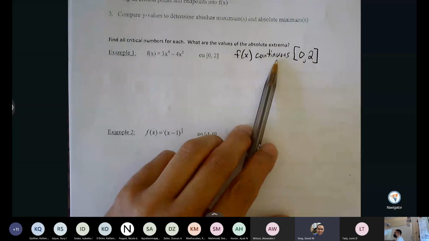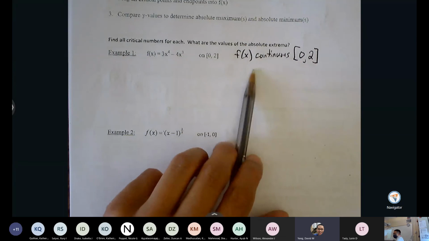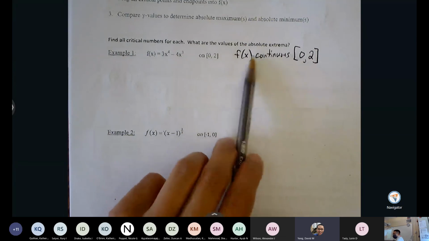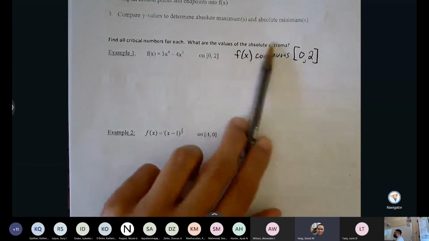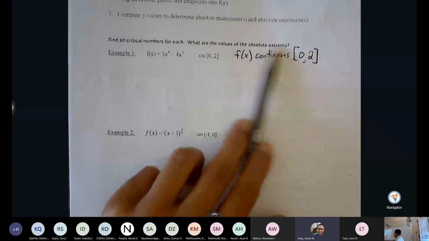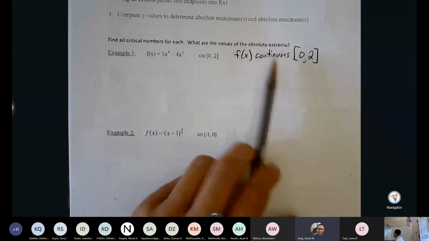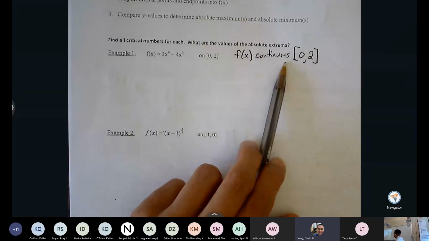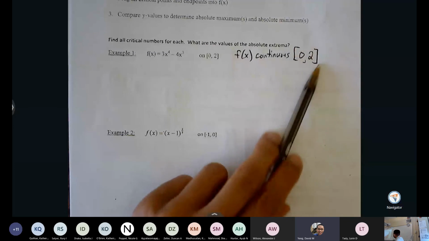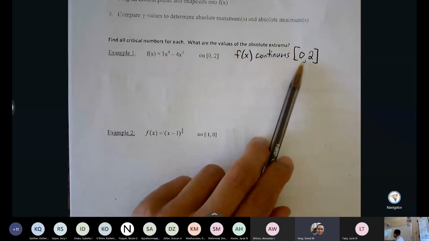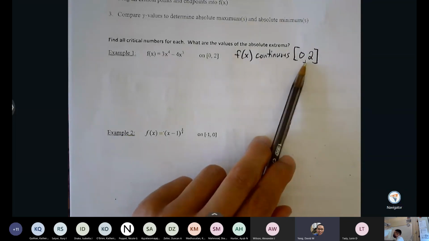Remember intermediate value theorem, EVT? So on that chapter 1 unit test, if you didn't include a continuity statement, I took off a point or 2 points. If you say continuous everywhere, but you did not include your interval, I took a point there as well.